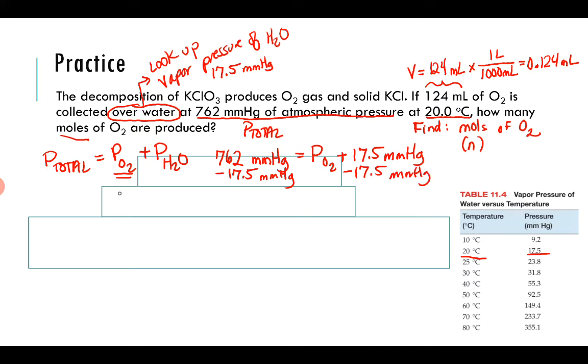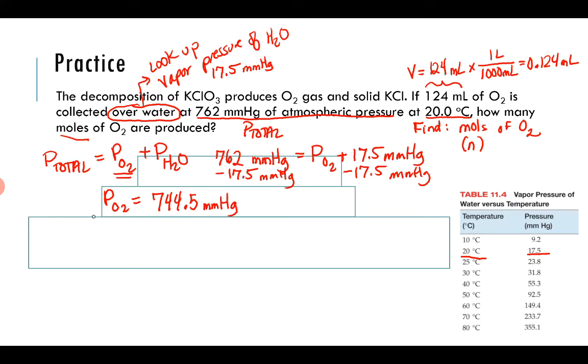And so my partial pressure of O2 is equal to 762 minus 17.5, which is 744.5 millimeters of mercury.